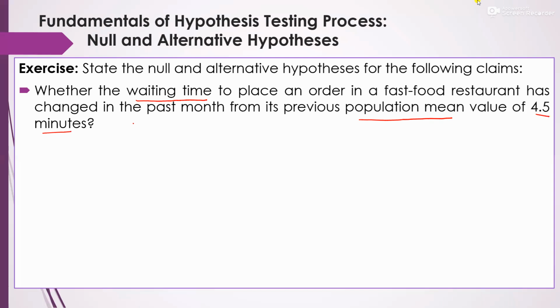So here what is the parameter related to? The parameter is the population mean. It is a waiting time, so the waiting time we can usually measure with the mean value. Right? So now first you define what is mu.